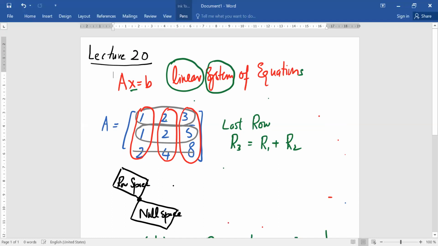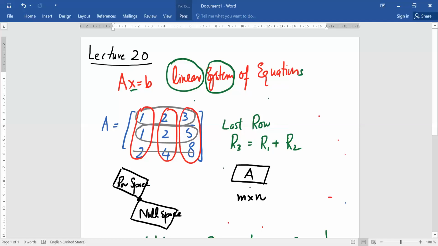Null space. So keep in mind here we have Ax equal to b, with the unknown x. So let's say my A is m rows by n columns.